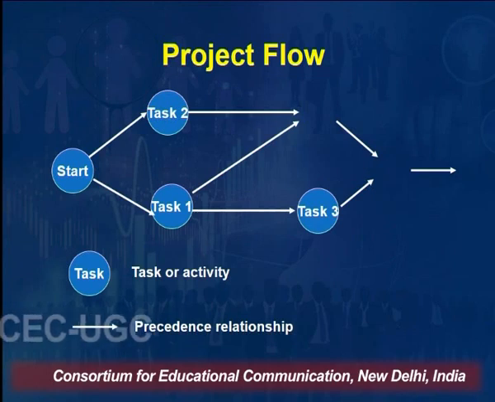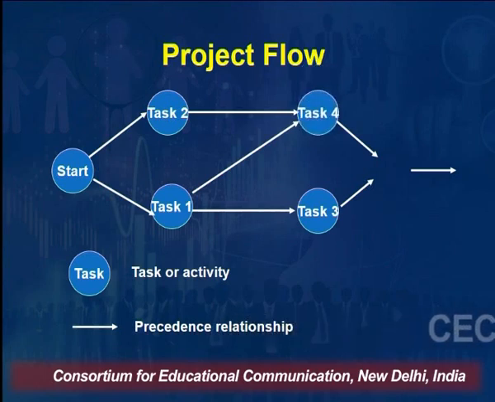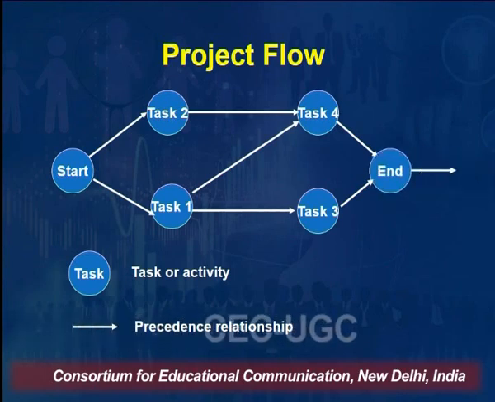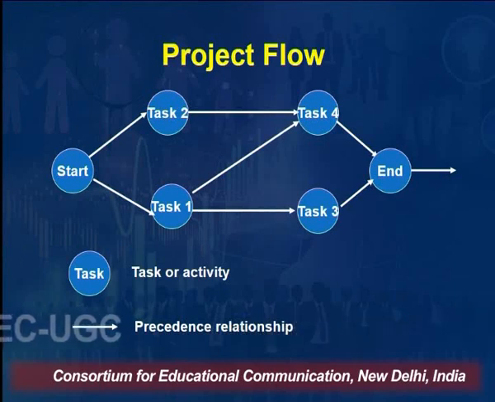Unless and until task 1 is complete, you cannot do task 3. Then task 4: unless you complete task 2 and task 1, you cannot do task 4. And then there is the end, which will come only when you complete task 4 and task 3. This is a diagram of a project flow.